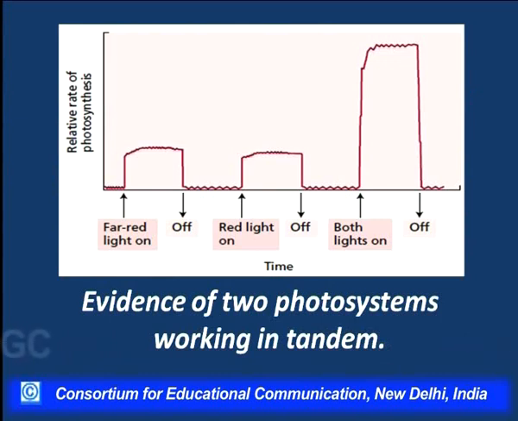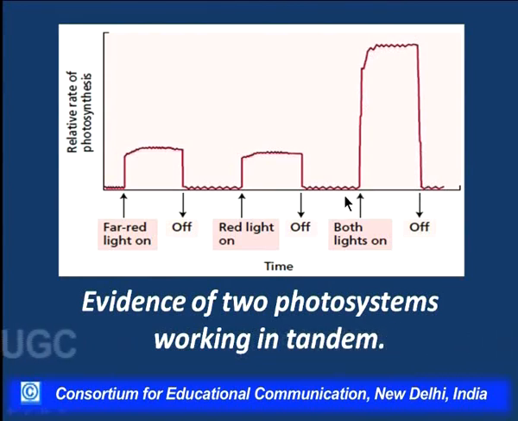If one sees the figure, when the far red is on, there is some photosynthesis, and after switching it off, a flash of red light again gives some photosynthesis. But if both lights, wavelengths less than 680 and greater than 680, are given, there is a sudden spurt in the rate of photosynthesis, a tremendous enhancement.